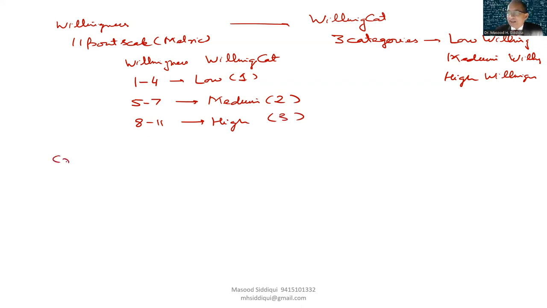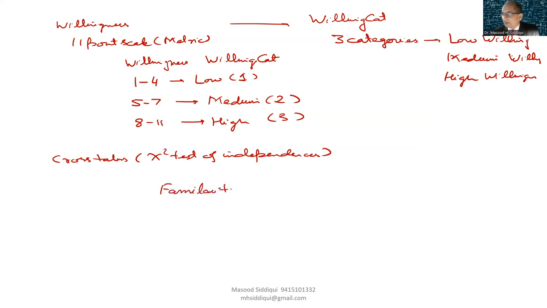So when we apply the cross-tab analysis or the chi-square test of independence, the two attributes that we are taking here are familiarity, which already has the three categories as per the data, and the other one is willing cat that we will be developing here, right?